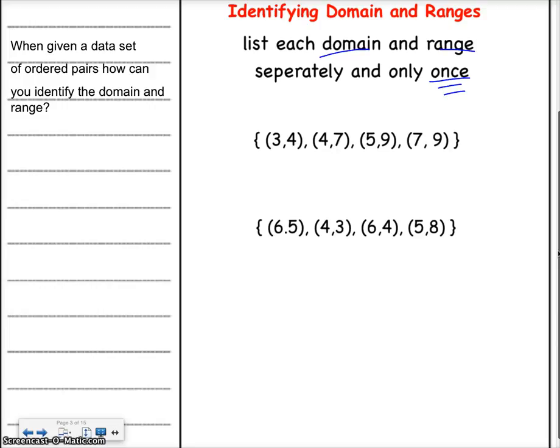You don't repeat. So, how you set this up, you write domain and you write range, and then you have those little bracket things. It's a notation for a set.